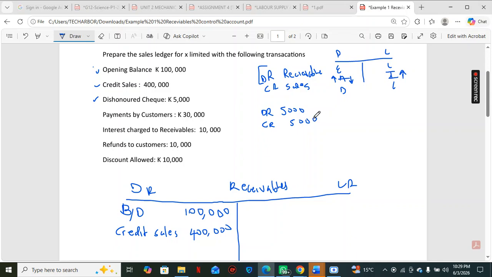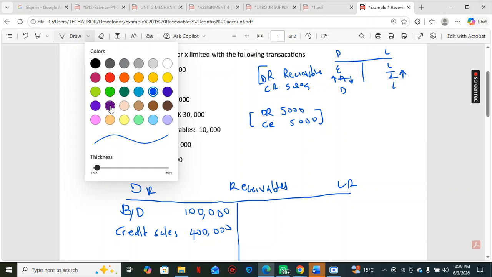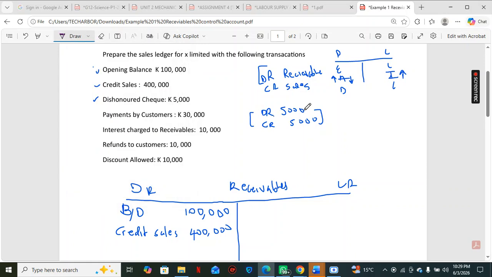Now you go to your bank and you cash in that check, and they tell you that there are insufficient funds. So you need to reverse this entry here. Because according to this entry, you're saying you received money, and the person has stopped owing you. But you find now there are insufficient funds. So you need to reverse this entry.